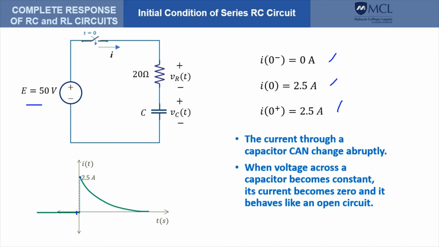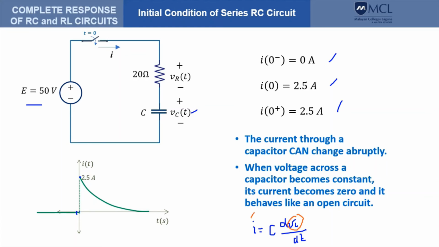What is not possible is an abrupt change in the voltage. When the voltage across a capacitor becomes constant, the current becomes 0, because, take note, the current through the capacitor is C dVc/dt. If Vc is a constant, getting the derivative will give you 0.